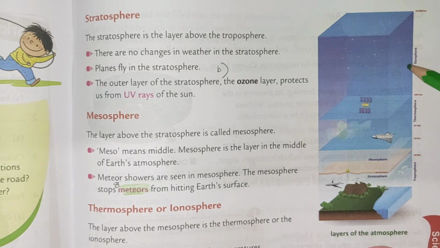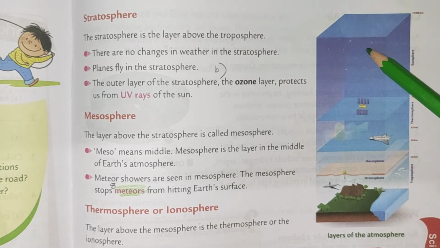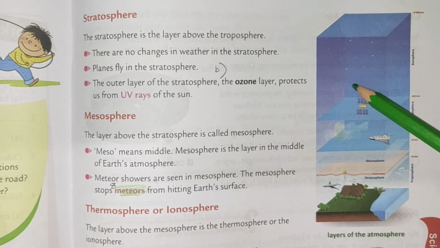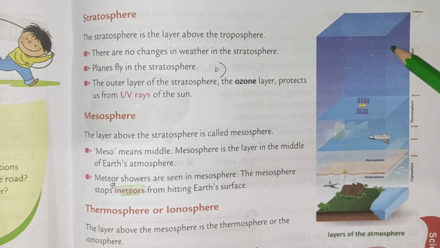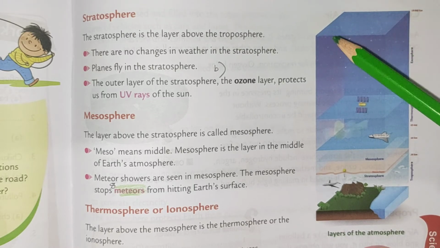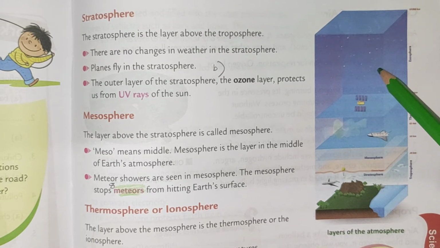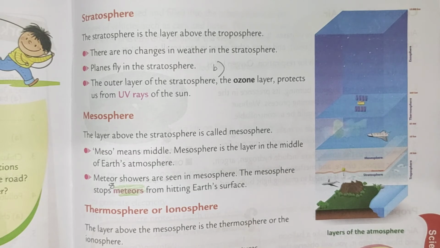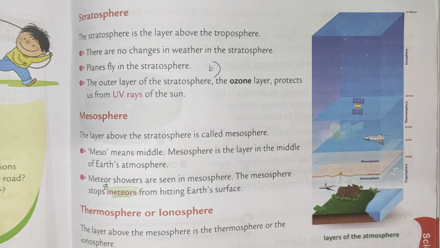The last layer of the atmosphere is the exosphere. It is just above the ionosphere or the thermosphere. This exosphere, however, is in the outer space. And it is in this layer that communication satellites are positioned.